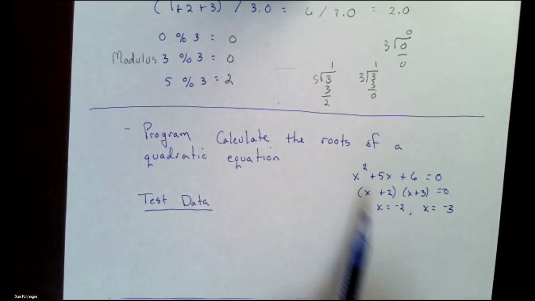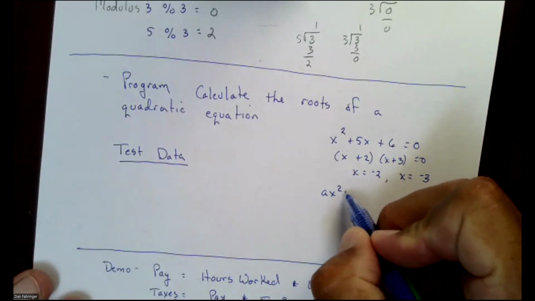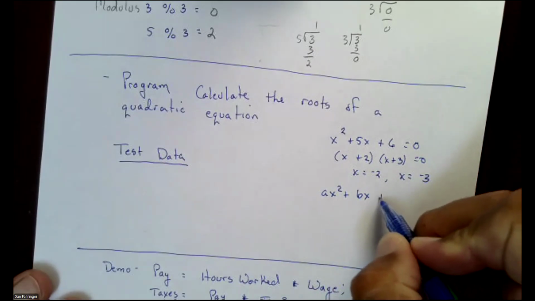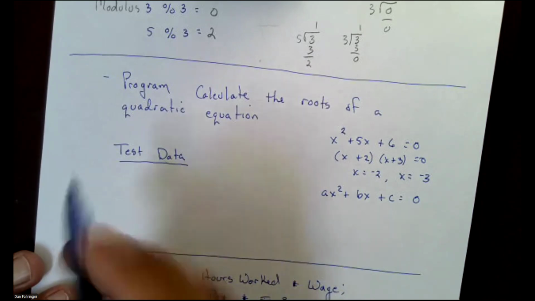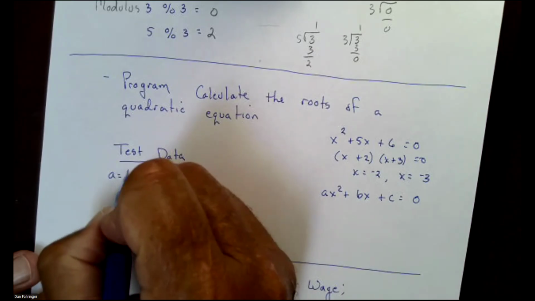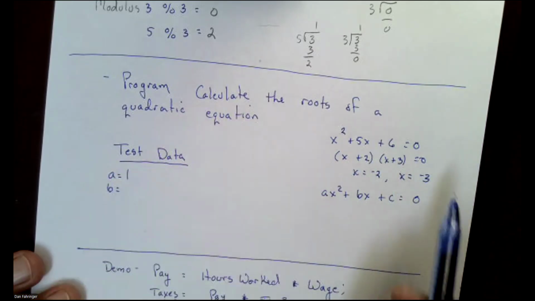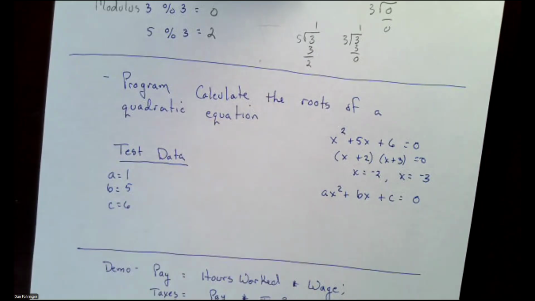So I just made up some test data. What do you mean test data? Well, this is the generic ax squared plus bx plus c. So my test data, the first one I'm going to do is a equals 1, b equals 5, c equals 6.